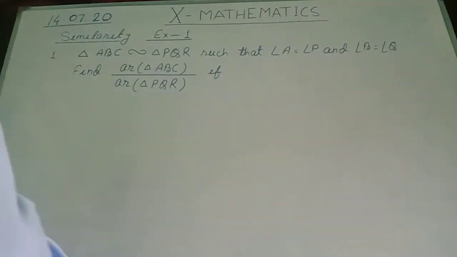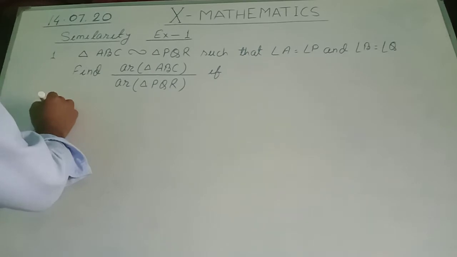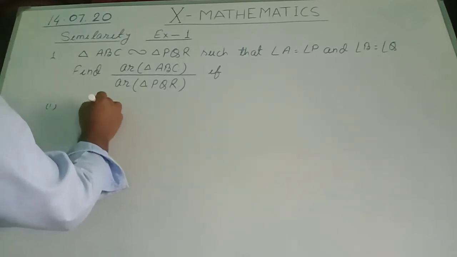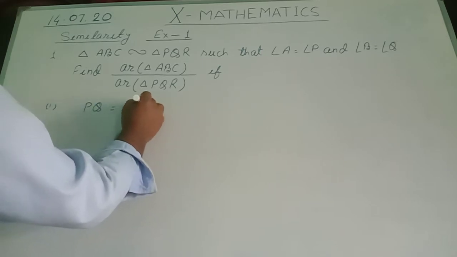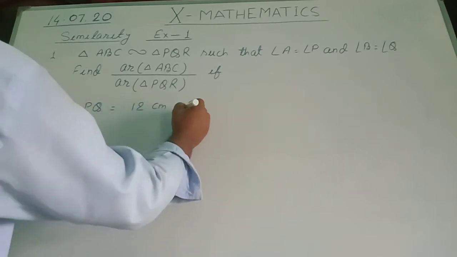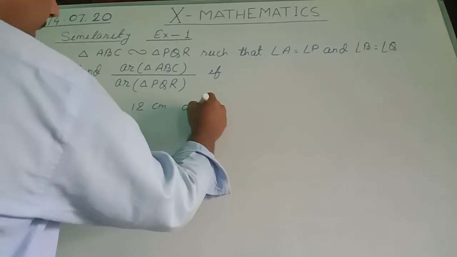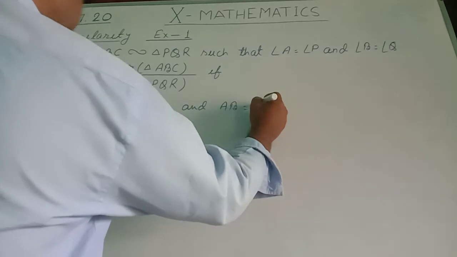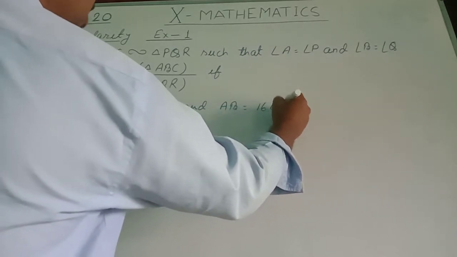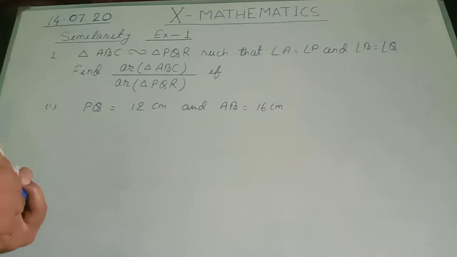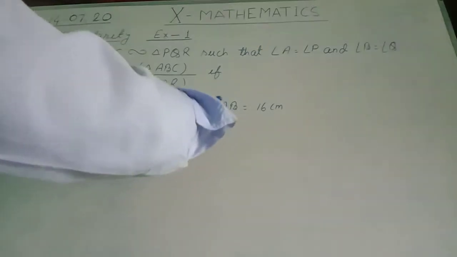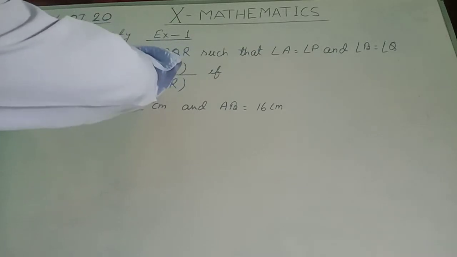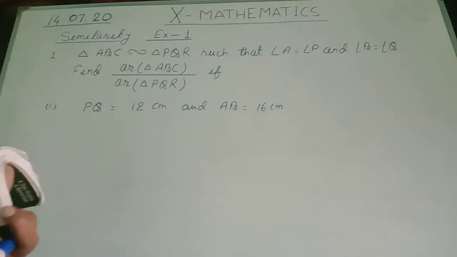Part 1: if PQ equals 12 centimeter and AB equals 16 centimeter. This is the question. If these two lengths, PQ and AB, are given, we are asked to find the ratio of the areas of triangle ABC and triangle PQR.